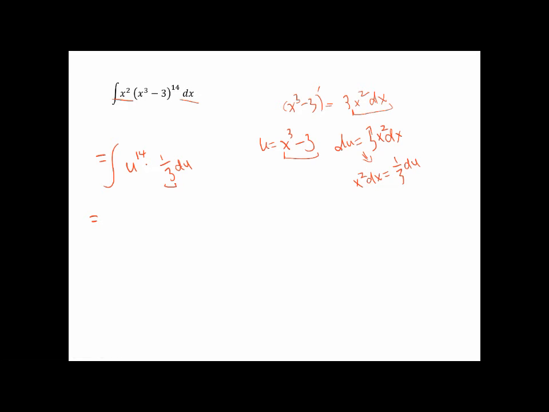So I take this 1/3 out, which is 1/3 u to the 14th du, equals 1/3 times 1/15 u to the 15th plus c. So 1/45, which is here. I want to plug this u back: x cubed minus 3 to the 15th plus c. Okay.